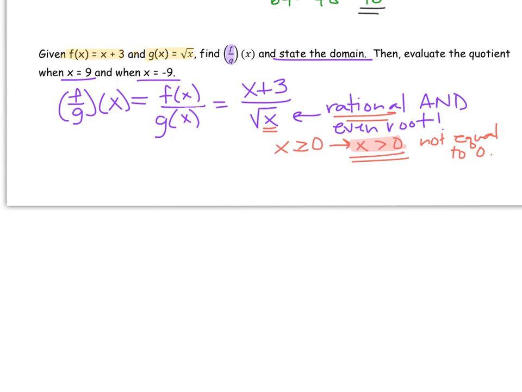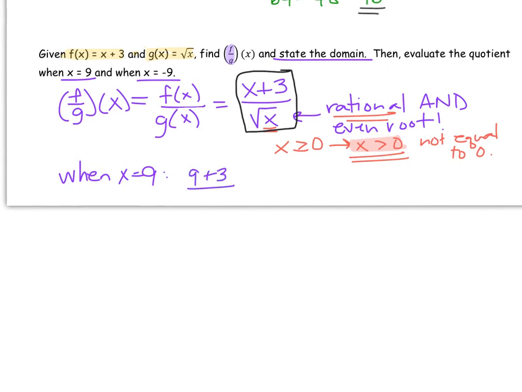All right, so we have our function answer, or x plus 3 over square root x. That's f divided by g of x. All right, now you're asked to evaluate when x equals 9. We literally plug it in the numerator and the denominator and then simplify. The numerator is 9 plus 3.